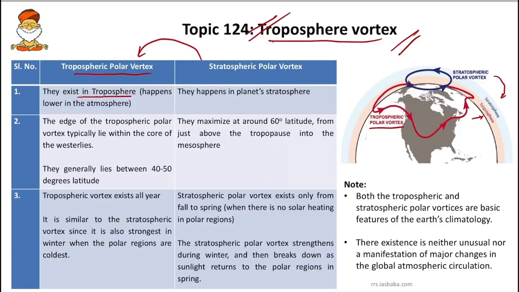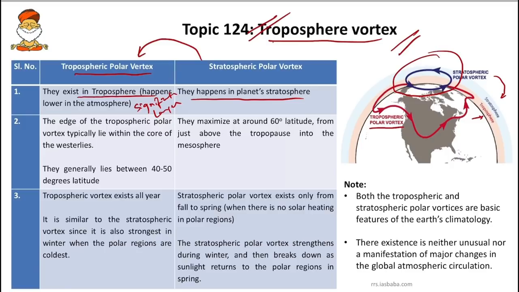The first important difference is, as the name says, they exist in the troposphere and the stratosphere respectively. The second important difference is that the stratospheric polar vortex is smaller. So we can add one more point here: the tropospheric polar vortex is significantly larger compared to the stratospheric polar vortex.